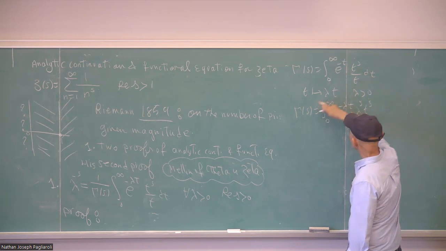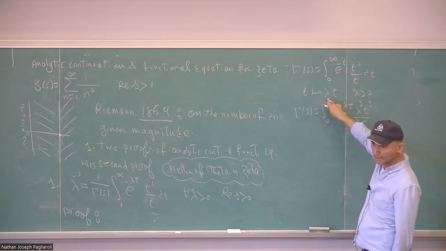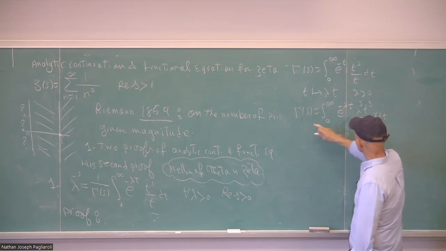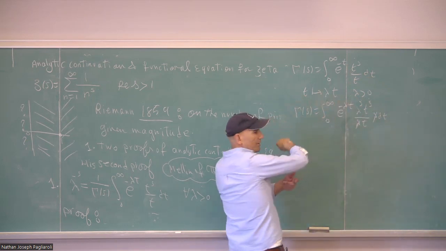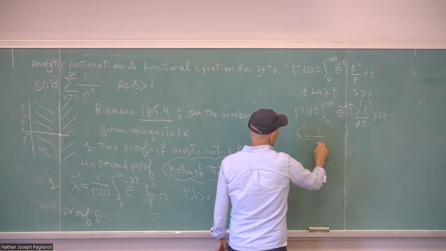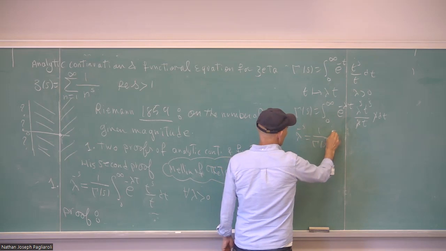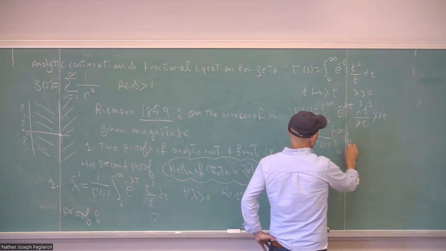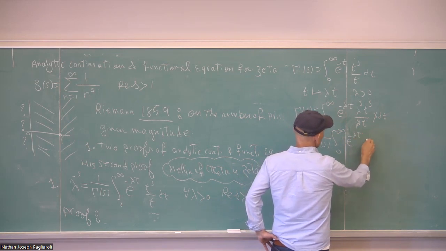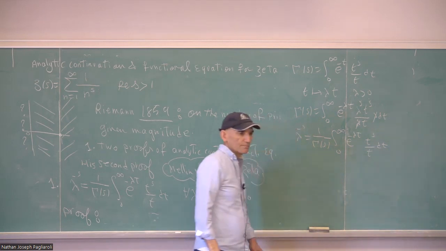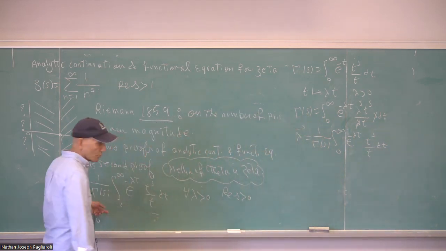Here also dt goes to lambda dt, right? This cancels, and this brings to the left-hand side, you just reverse, you get lambda to the power minus s equal to 1 over gamma of s, integral 0 to infinity, e to the minus lambda t, t to the s over t dt. And that's what we wanted to prove.